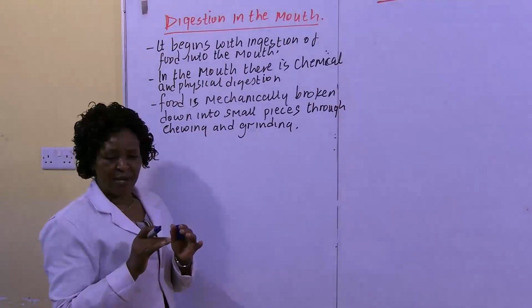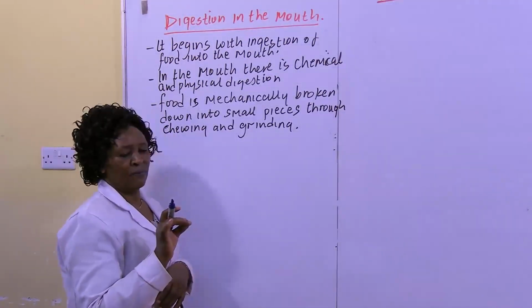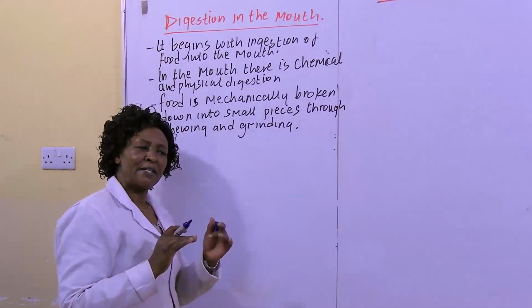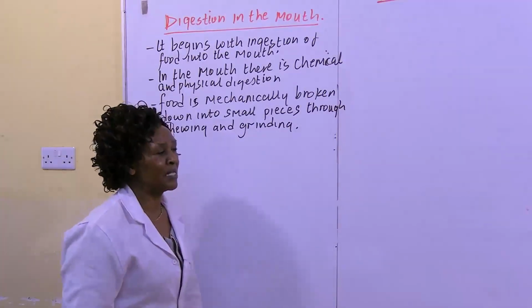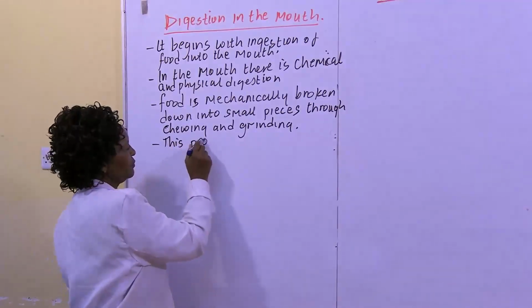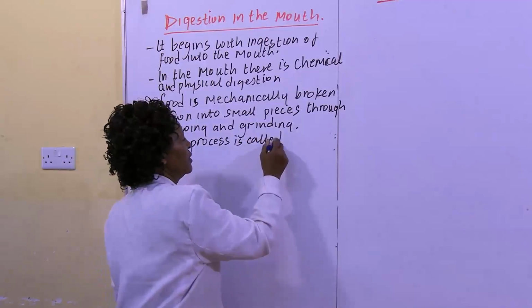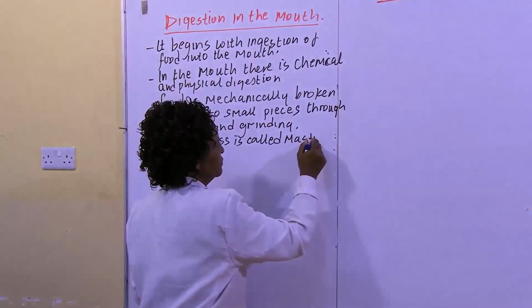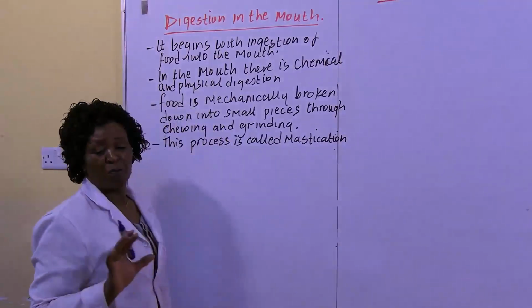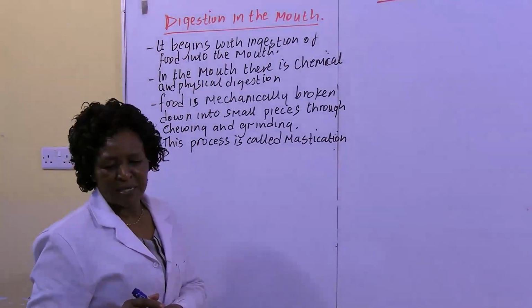The teeth will break down the food into small pieces. This process of breakdown of food into small pieces by use of the teeth is called mastication.